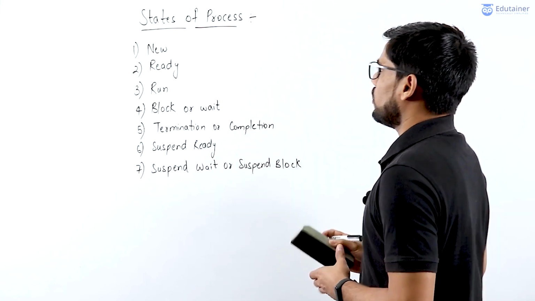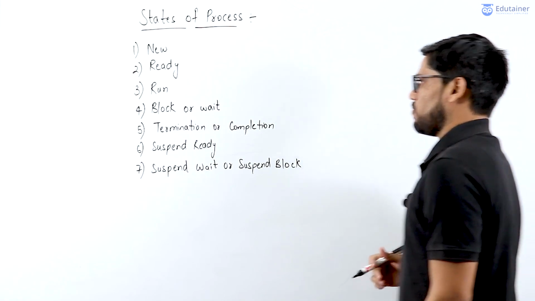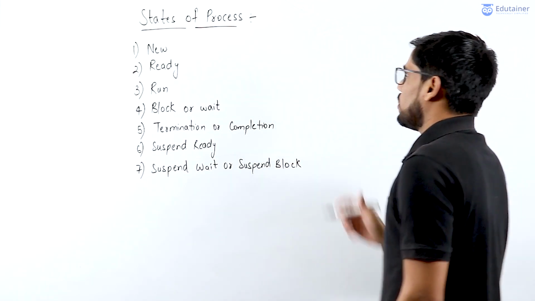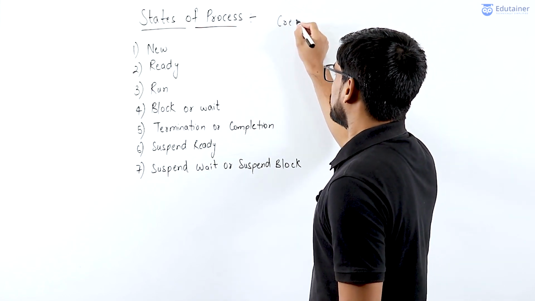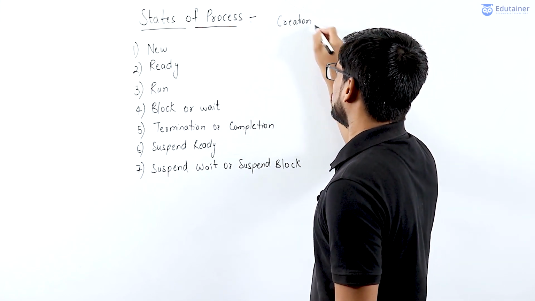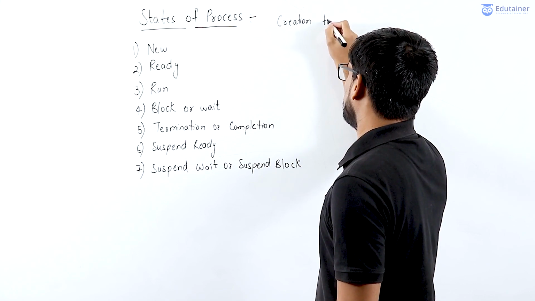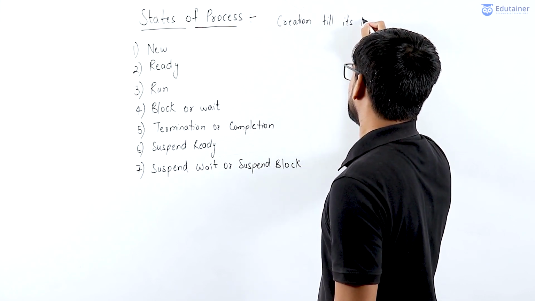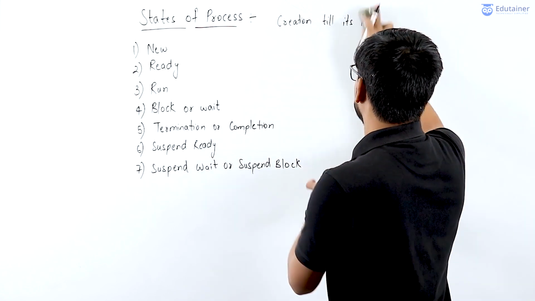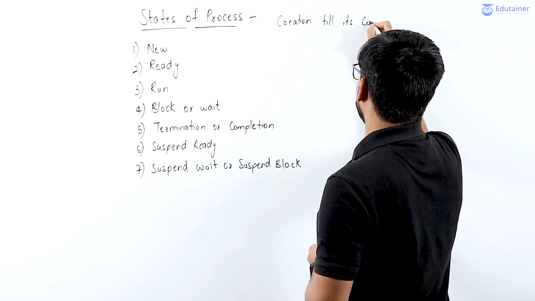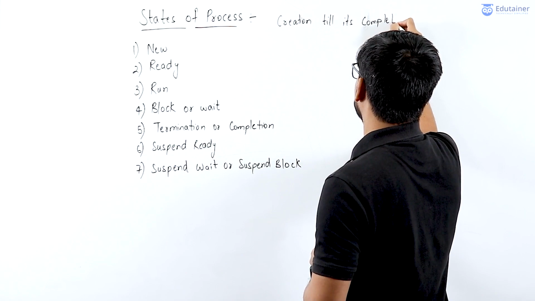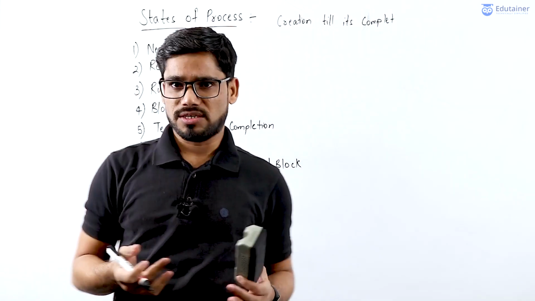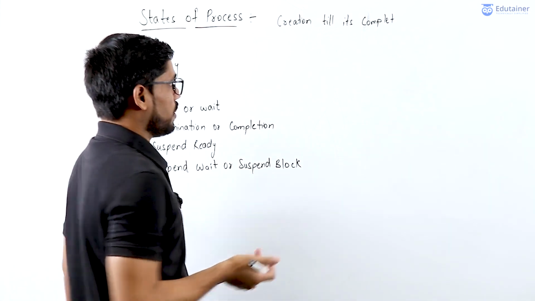Okay, now let's see the states of a process. So what is the state of a process? From creation of a process till its completion, a process can go through various states, or a process can transit through various states, called the state of a process, okay.